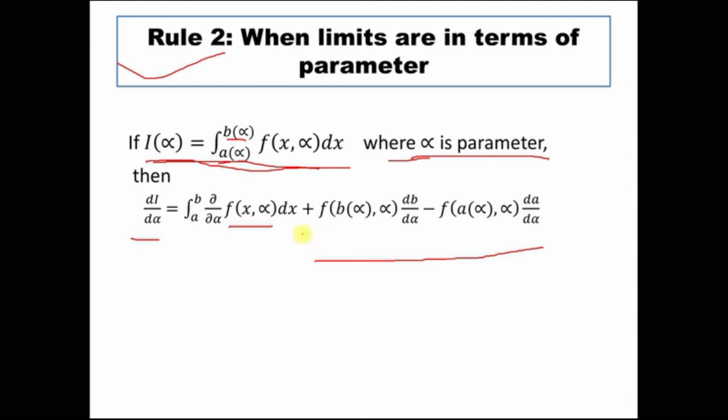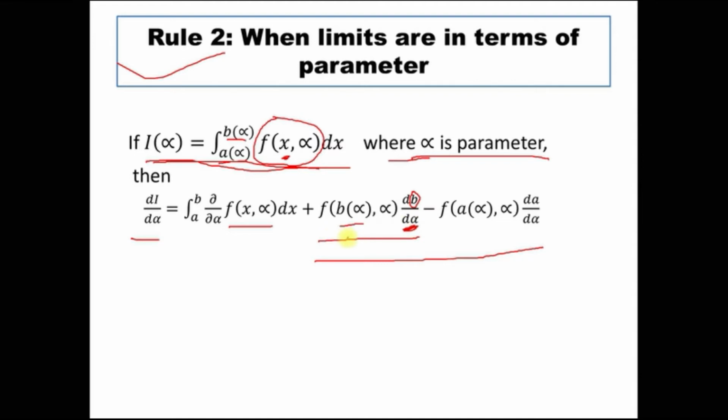Plus, now check these two new terms. The first term is f of b of alpha comma alpha. Here we replace the value of x in the function f of x comma alpha by the upper limit, b of alpha, and at the same time we take the derivative of b with respect to alpha.